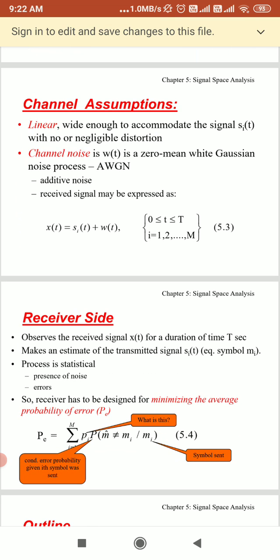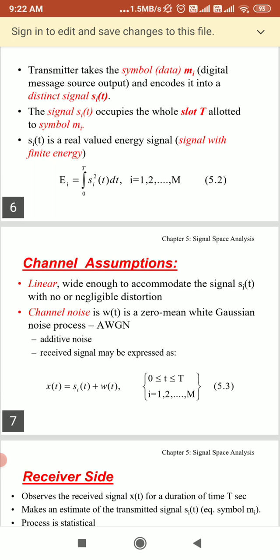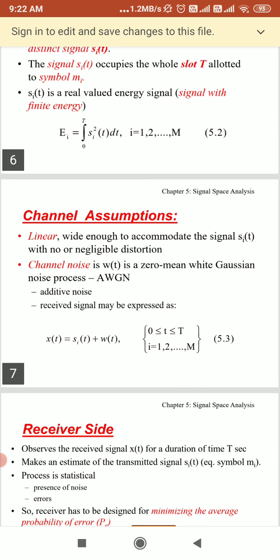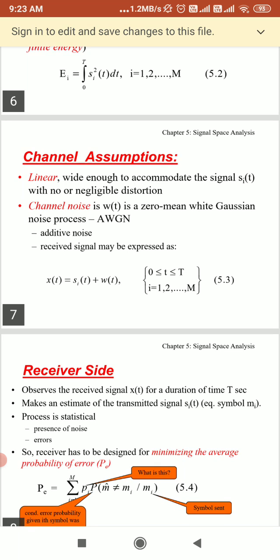Here we can see what the channel will assume. When the transmitter sends one out of the Mi signals, the channel assumption will be linear. It means the channel is wide enough to accommodate the signal with no or negligible distortion. So transmission will be linear, with negligible distortion.